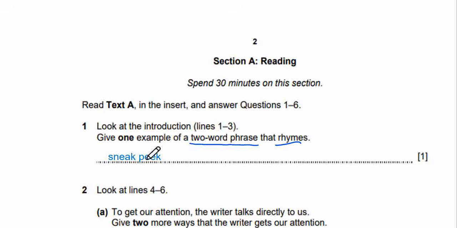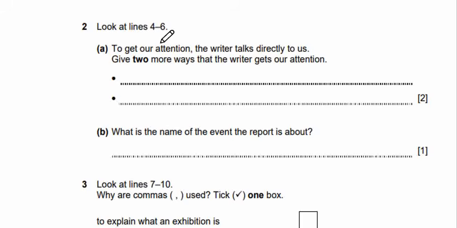Next, let's move to question 2. Look at lines 4 to 6. To get our attention, the writer talks directly to us. Give 2 more ways that the writer gets our attention. Let's check lines 4 to 6.